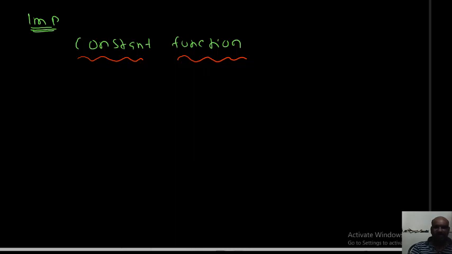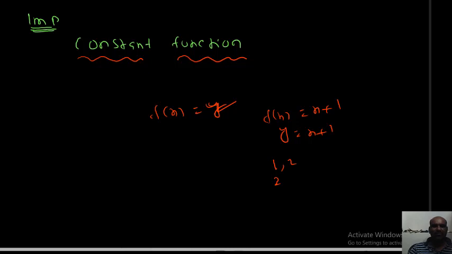For example, y equal to f of x is a function, so y is dependent upon x. For example, f of x is given as x plus 1. I can say y equals x plus 1. X is 1, y is 2; x is 2, y is 3; x is 7, y is 8. Means x is changing, y is also changing.